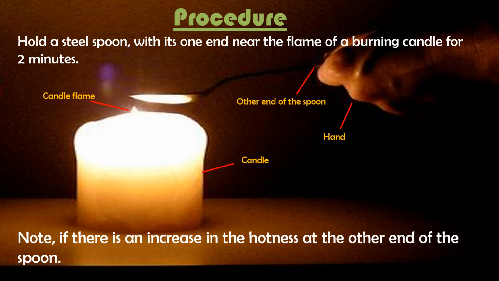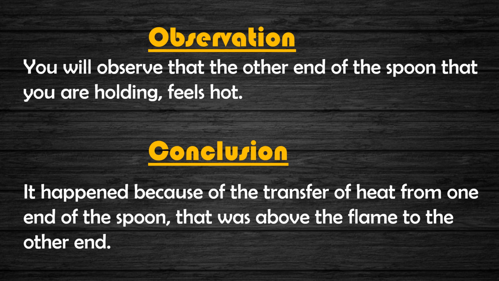Note if there is an increase in the hotness at the other end of the spoon. What do you observe? You will observe that the other end of the spoon that you're holding feels hot. So we can conclude that it happened because of the transfer of heat from one end of the spoon that was above the flame to the other end.